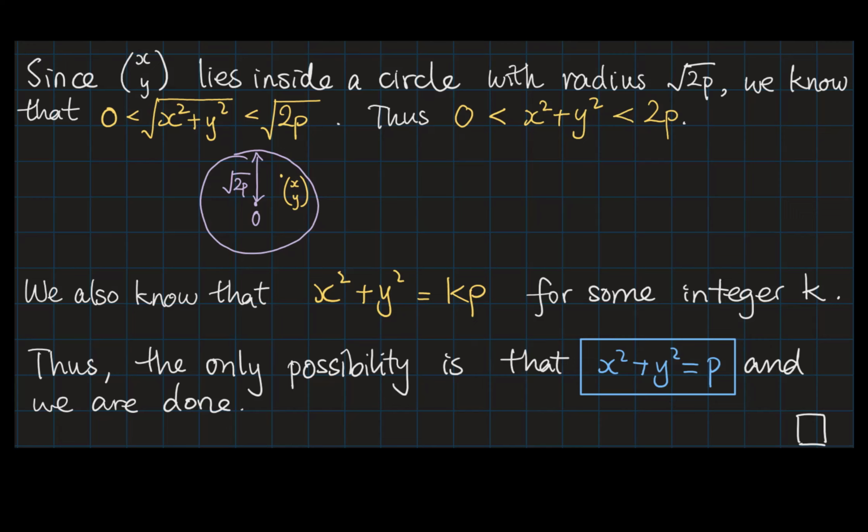And in each of these cases, we get either 0, 1, or 2 mod 4 as our value. But the thing is, we wanted it to be equal to a prime that is 3 mod 4. And so that's why when your prime is 3 mod 4, you can't write it as a sum of two squares. And when it's 1 mod 4, because of this proof, you can write it as a sum of two squares, which I think is a really neat result.